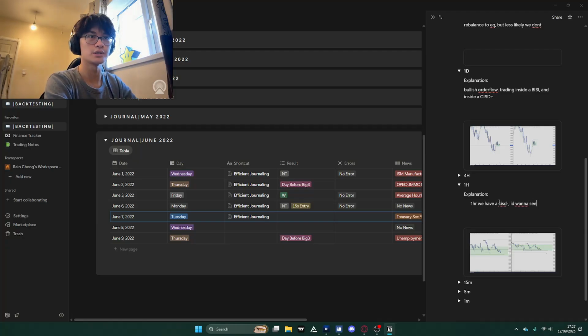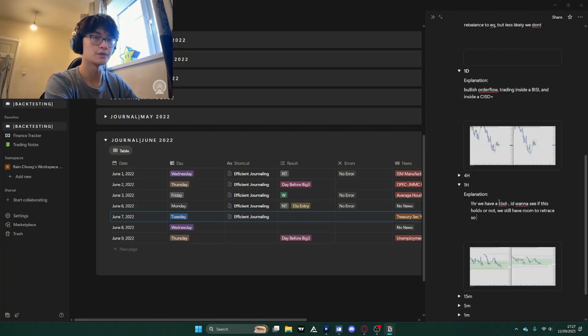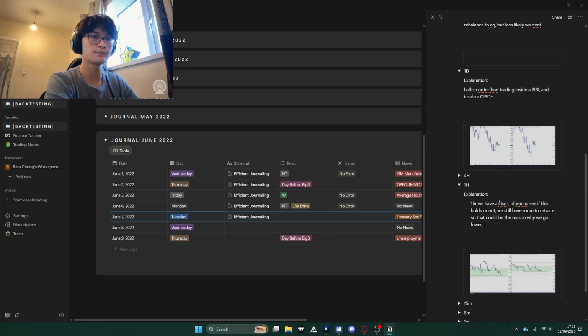I'd want to see if this holds or not. You still have room to retrace, so that could be the reason why we go lower. Higher time frame bullish.